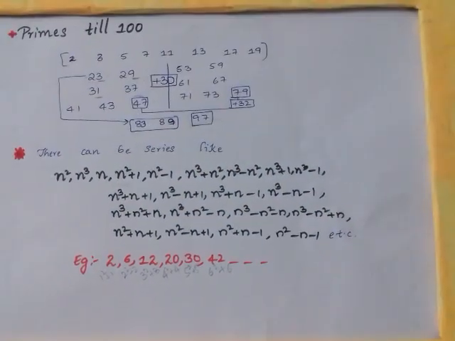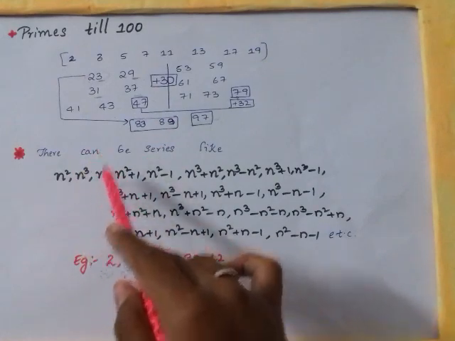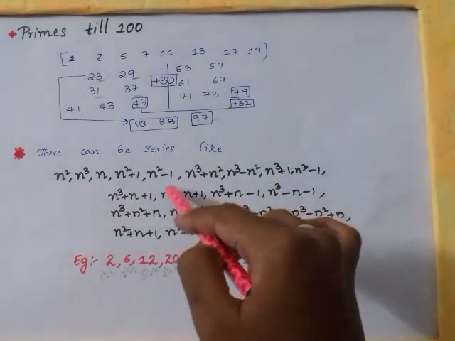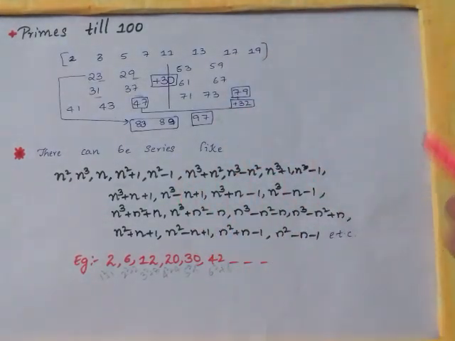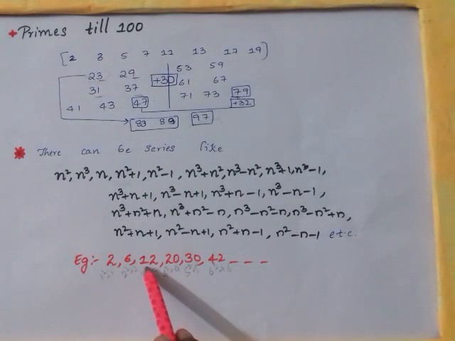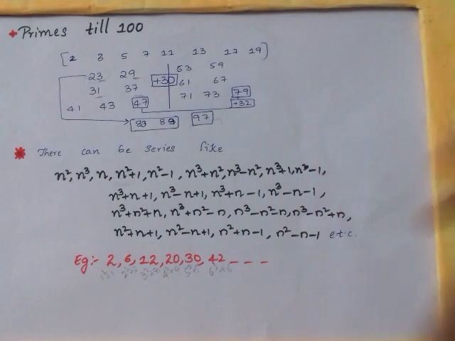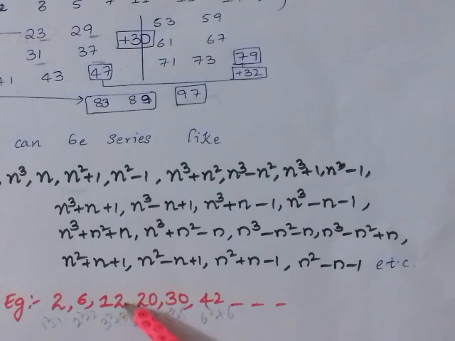Next, there can also be series like n square, n cube, n square plus 1, n square minus 1, n cube plus n square, n cube minus n square, and so on. For example, the series 2, 6, 12, 20, 30, 42 has the logic 1 square plus 1, 2 square plus 2, 3 square plus 3, 4 square plus 4, 5 square plus 5, 6 square plus 6.